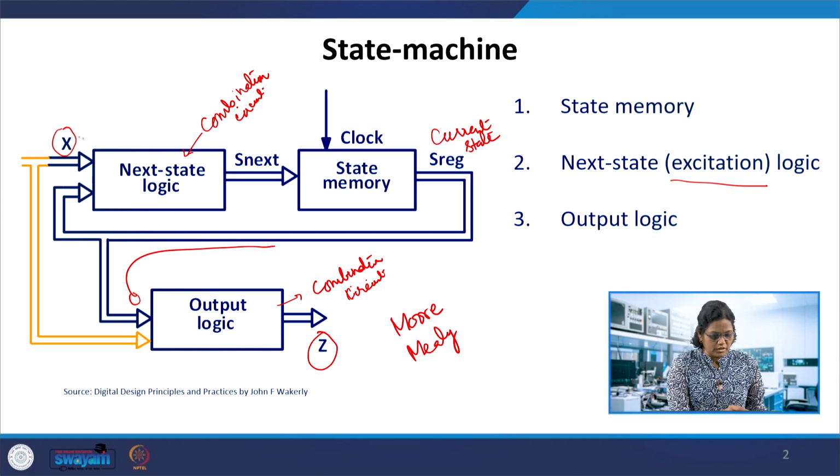It can even decide based on the input required. The input which directly connects to the output logic gives a different state machine, that is a Mealy one.